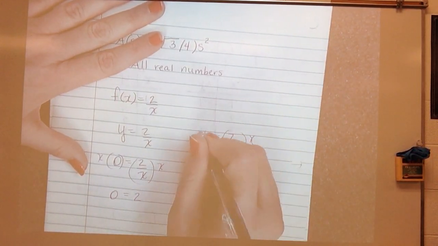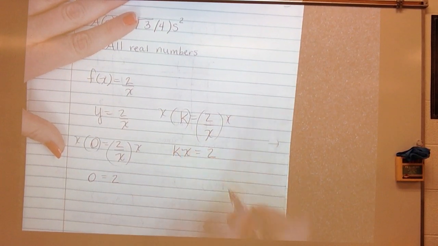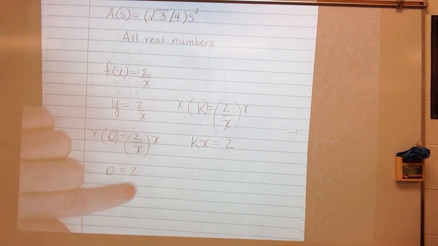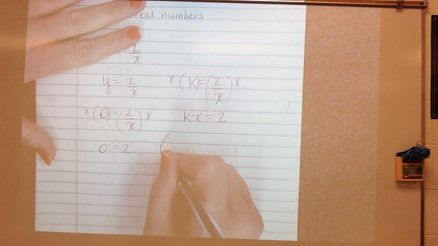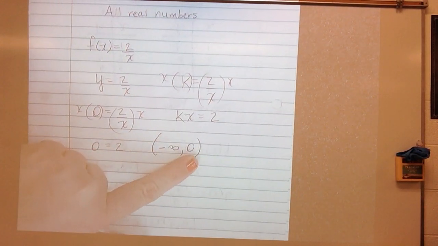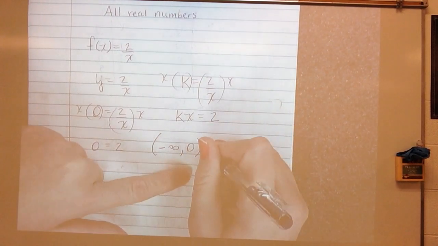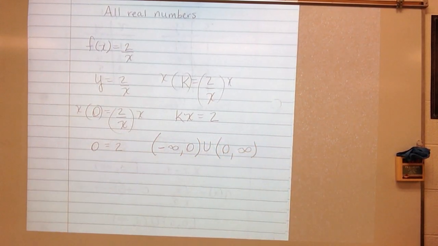Multiply both sides by x, and I get kx is equal to 2. I can put numbers in there for k and make 2. Alright? That would work. So therefore, we know the range could be negative infinity to 0, and we're not going to include 0, and from 0 to positive infinity. Alright?